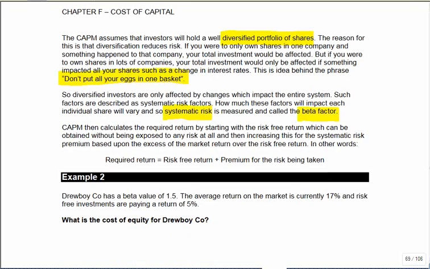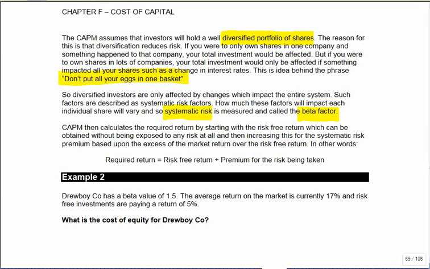And if you think about it for a moment, if the economy goes into recession, people like the supermarkets won't suffer that much. We still need to buy food. Indeed, perhaps if we're not going out to eat in restaurants and so on, we might buy more food. So the supermarkets won't really suffer in recession. Having said that, if the economy then goes into boom, neither are they going to benefit that much. So their beta factor would be relatively low.